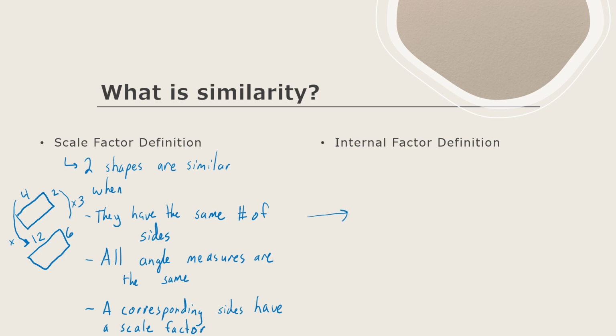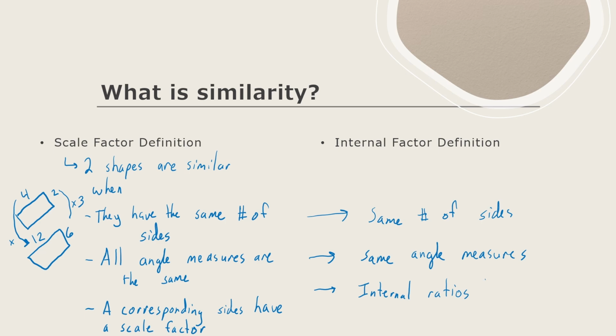So once again, we use same number of sides, same angle measures, but instead of talking about a scale factor between the shapes, we say internal ratios between side lengths are maintained.